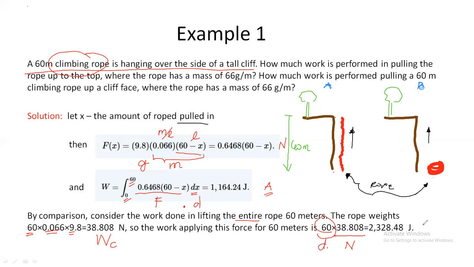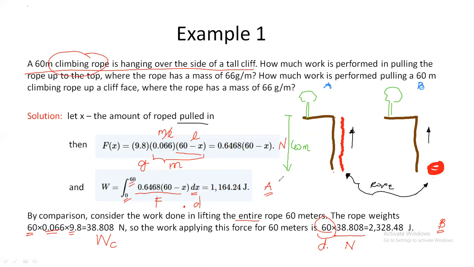This is the work done in scenario B. This is the work done in the simple definition of work equal to force, the weight, times the distance or the displacement of the weight, which is 60 meters. This is where your ordinary physics is applied. This is where your calculus is applied.